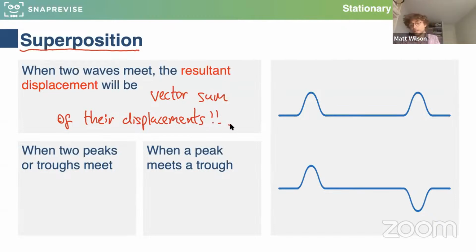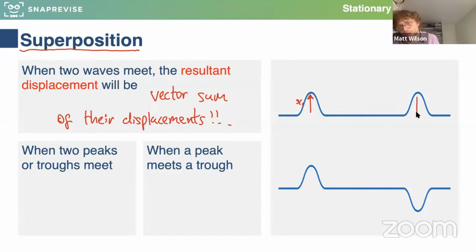Okay, what does this mean? Well, sum just means you add them together, no problem there. But vector sum means you have to keep account of whether they're pointing upwards or downwards. So, for instance, let's say I have this wave here on the left, which has an amplitude of, say, x1.